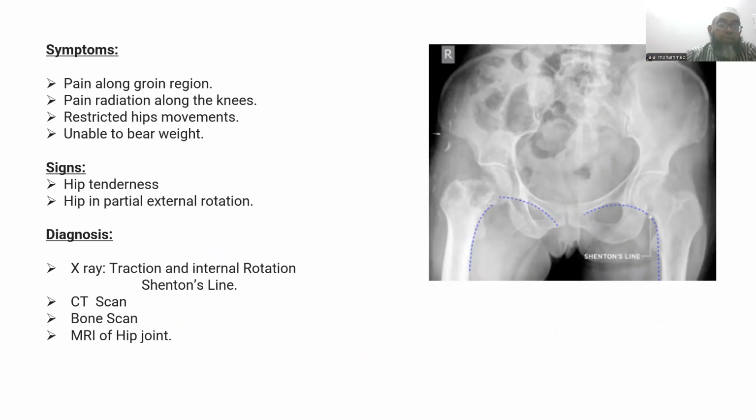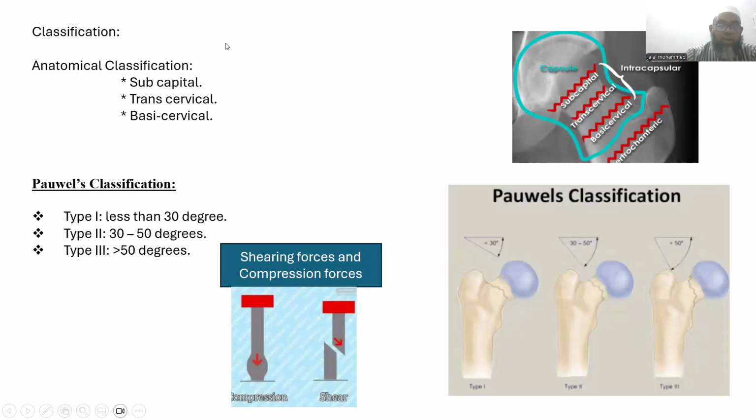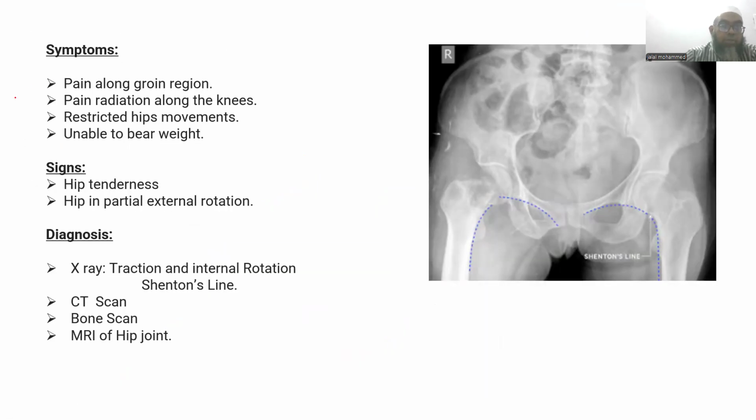So, what are the symptoms of fracture neck of femur? The patient may complain of pain along the groin region, and this pain is radiating towards the knee because of the nerve which has a common supply to the hip and the knee.